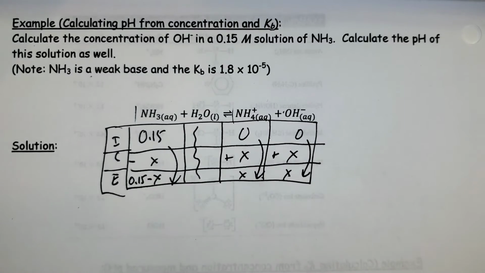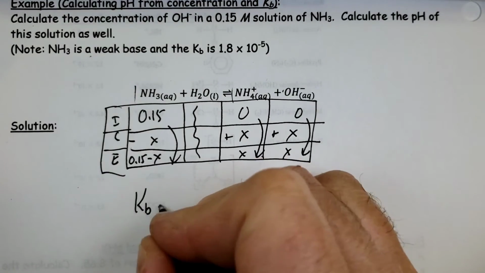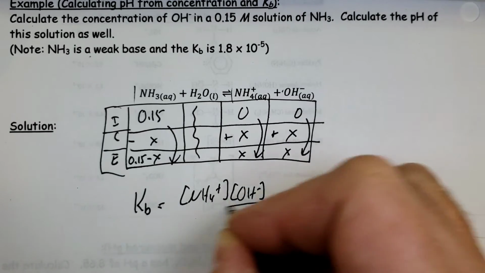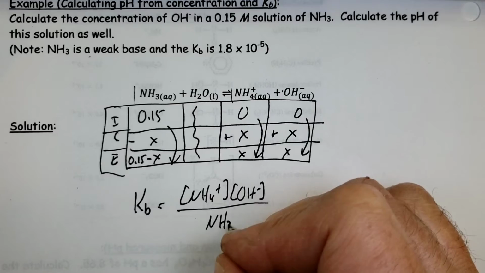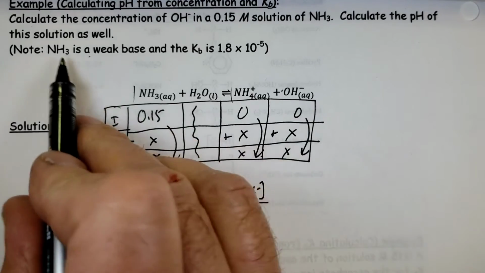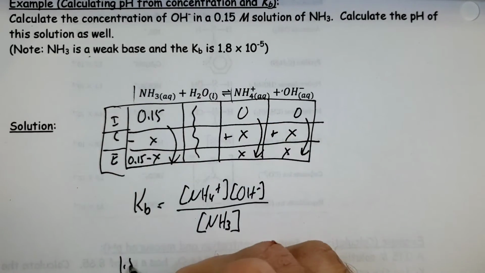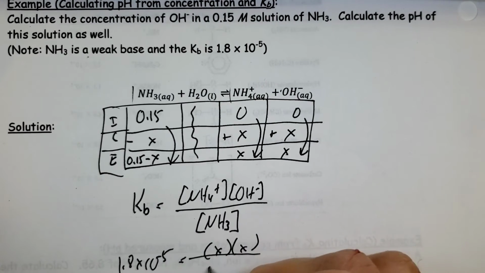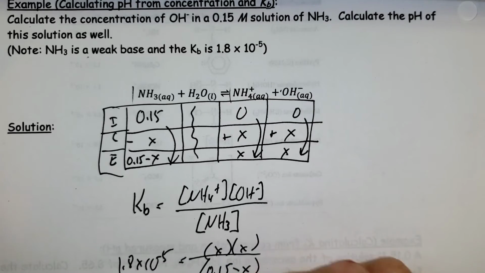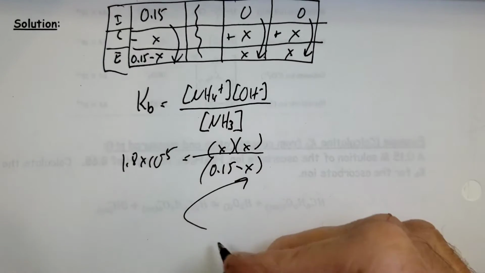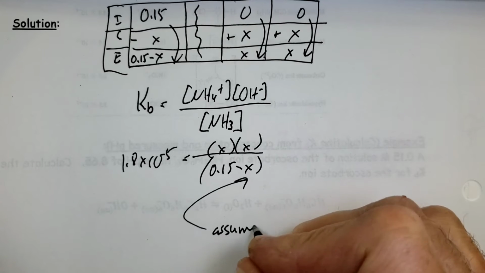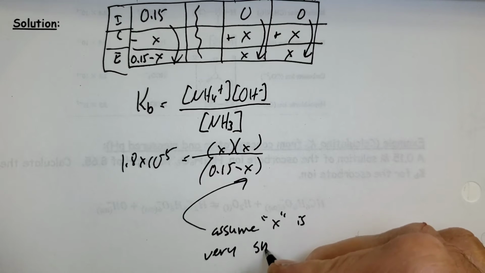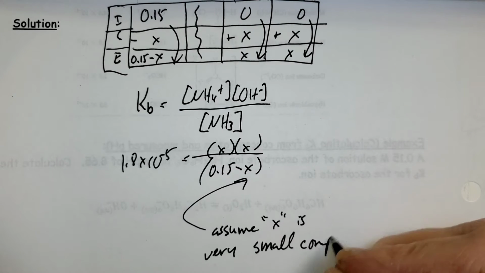And you can see here we're going to make an assumption here as well. Kb equals products over reactants with water excluded. Kb, 1.8 times 10 to the minus 5, equals X times X. And again, we're going to make this little assumption here on the bottom. Assume X is very small, because these are weak bases.